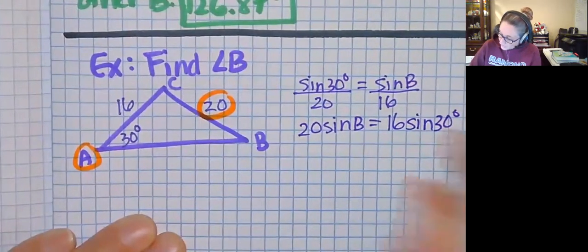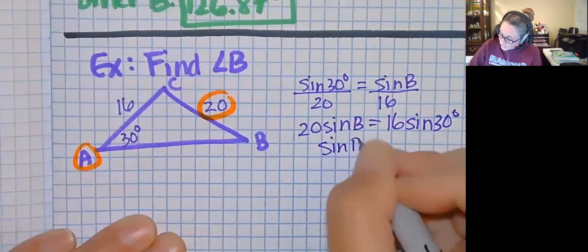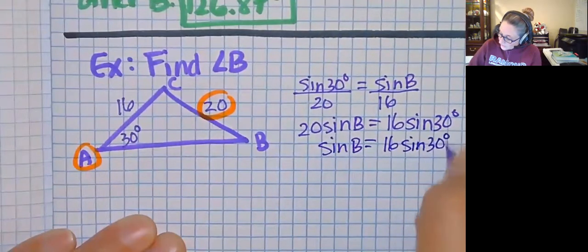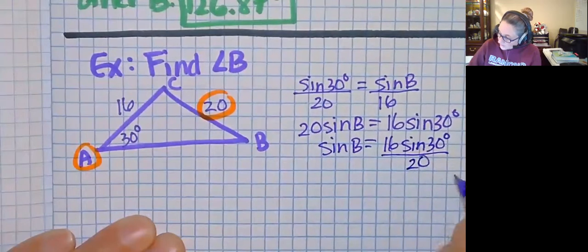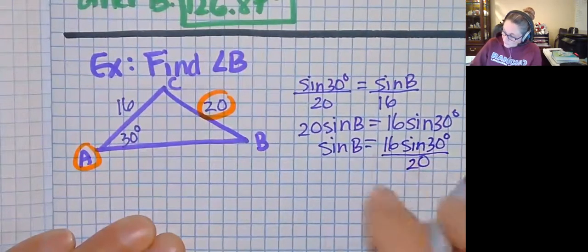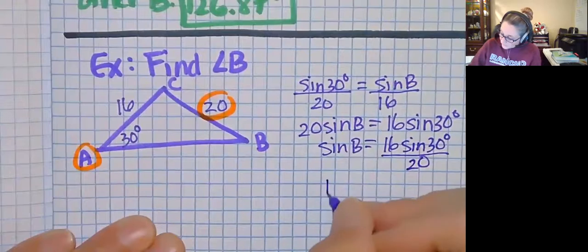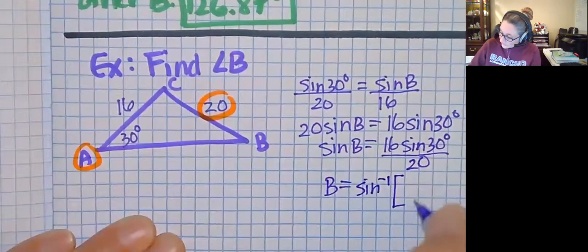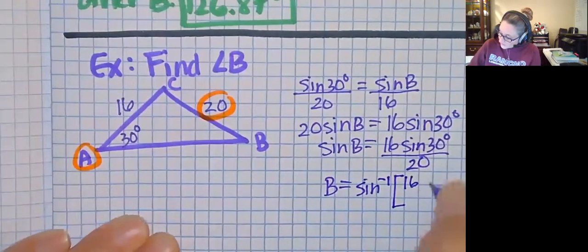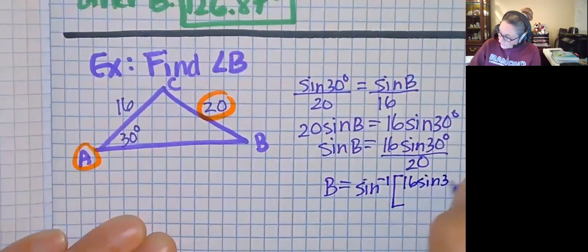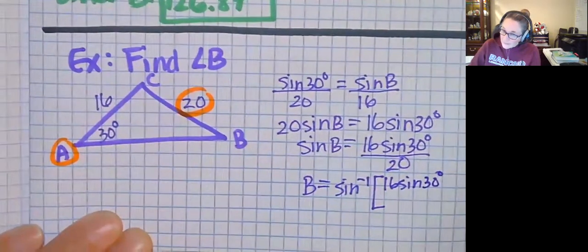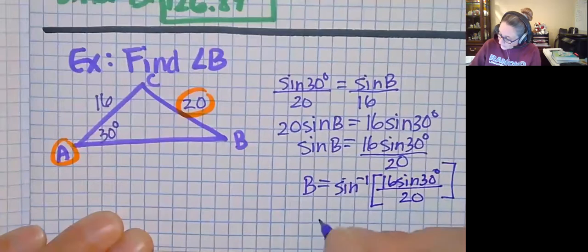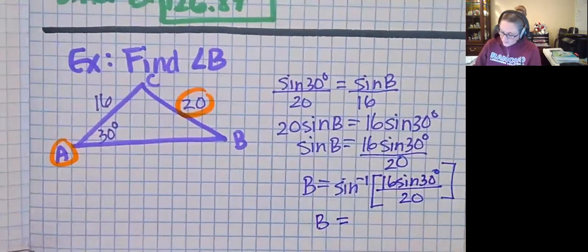Divide by the 20, so I get sine B equals 16 sine 30 over 20. And to find B as opposed to sine B, I need to take the sine inverse of 16 sine 30 over 20. And let's see what we get.